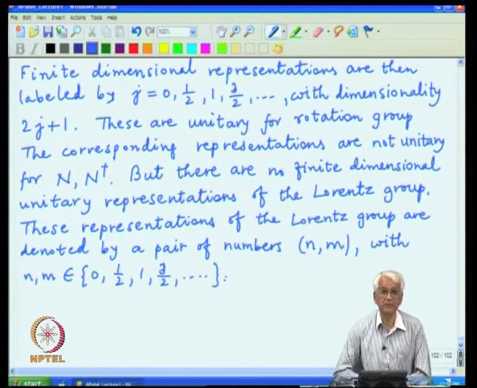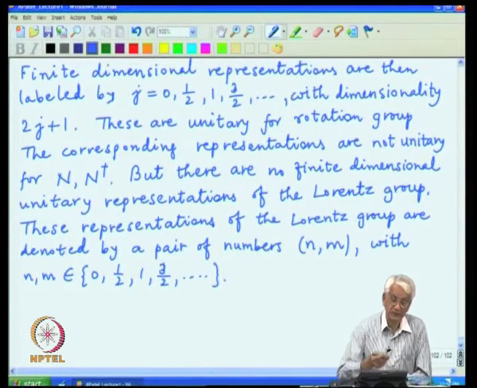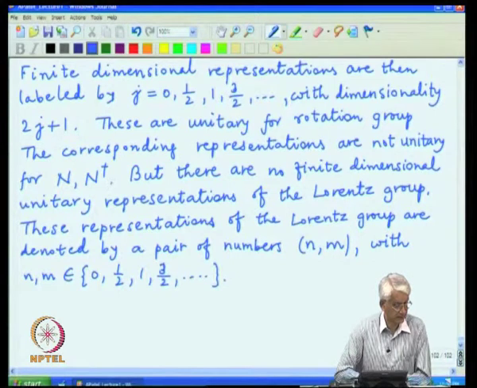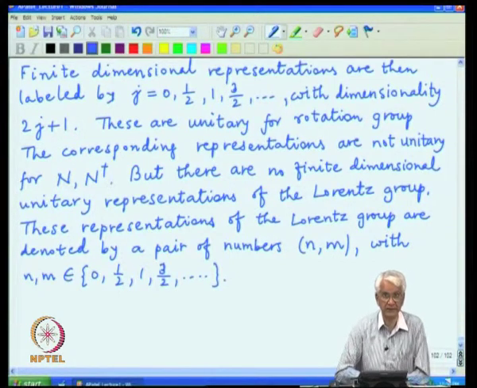So, that gives a complete classification of all the finite dimensional representations of the Lorentz group, because we already know what the finite dimensional representations of the angular momentum algebra were. It is a different group, but the algebra happens to be the same. So, one can just take over the results.